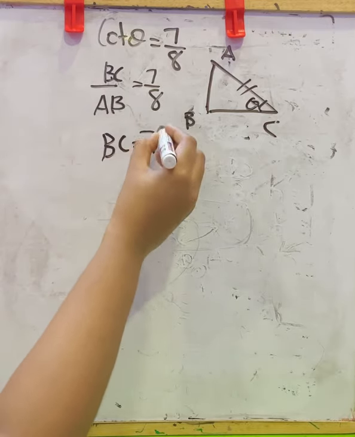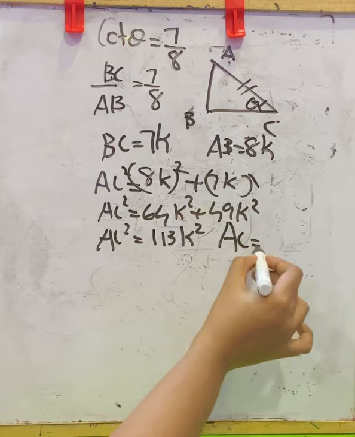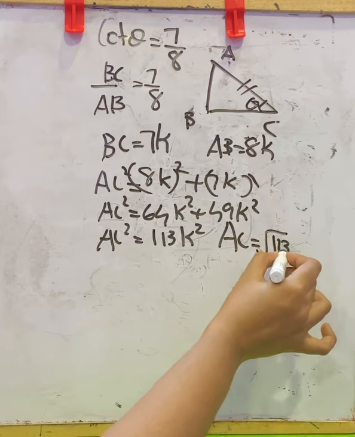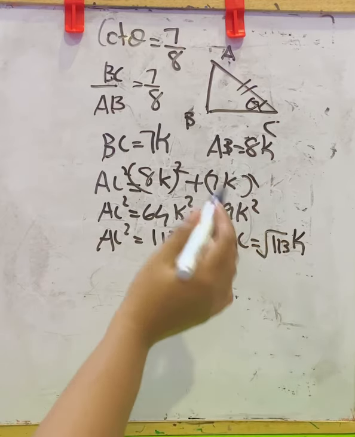Hypotenuse square, that is AC square, is equal to base square plus height square, that is (8K) whole square plus (7K) whole square. AC square is equal to 64K square plus 49K square. AC square is equal to 113K square, and AC is equal to, taking square root, root 113 K.